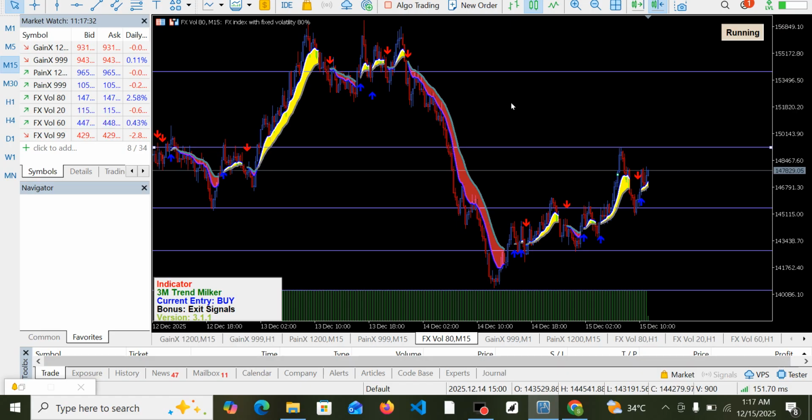Once you are able to get this right, then sit tight and watch your trade play out. And of course, once you achieve your goal, then you close your trade in profit, and that is how easy it is.